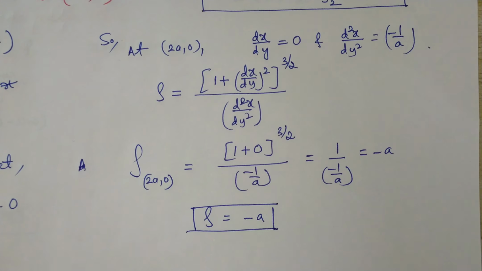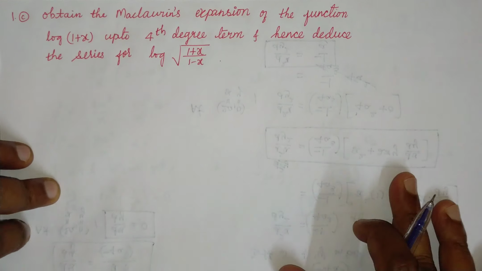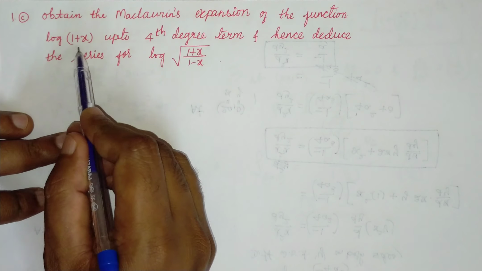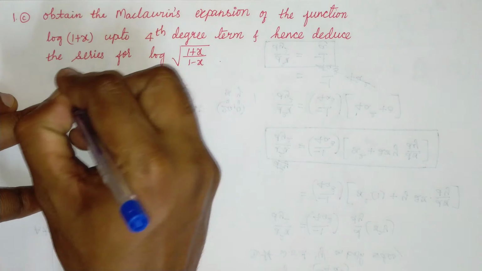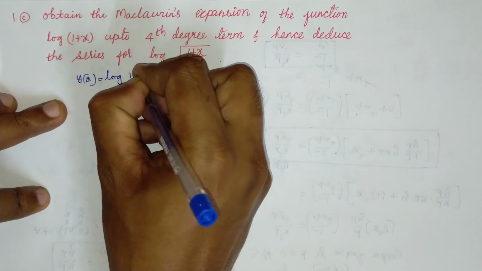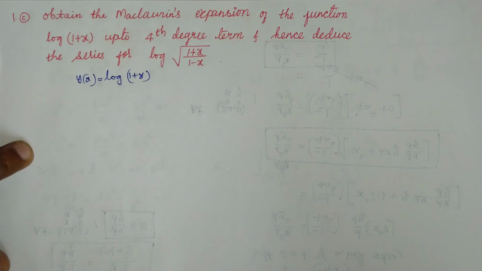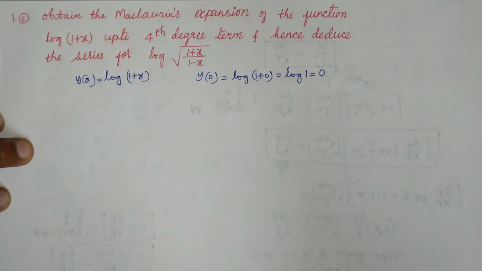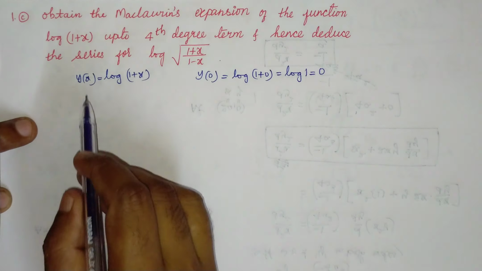So now let us solve the next problem. Find the Maclaurin series expansion for log of 1 plus x. So that is given by, let y of x equal to log of 1 plus x, right? Let me substitute x equal to 0 to get y of 0. So y of 0 equals 0. Let us differentiate this y with respect to x.